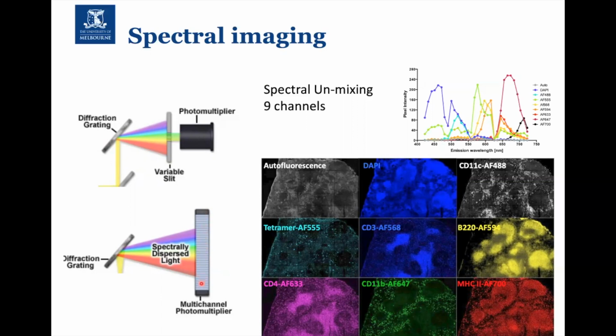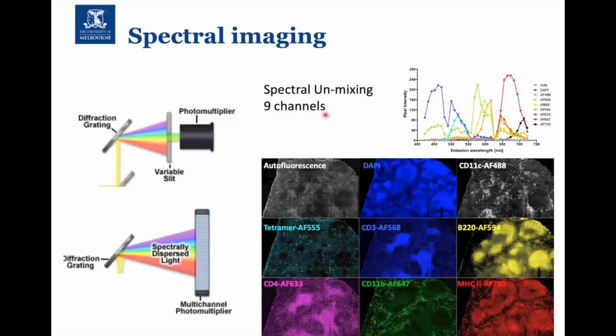And what that allows us to do is to build up a spectrum of what the molecules would look like. Normally, you're using individual color controls to come up with the individual spectrum. Once you have those in place, then you can start to put together a large number of fluorophores into your sample.